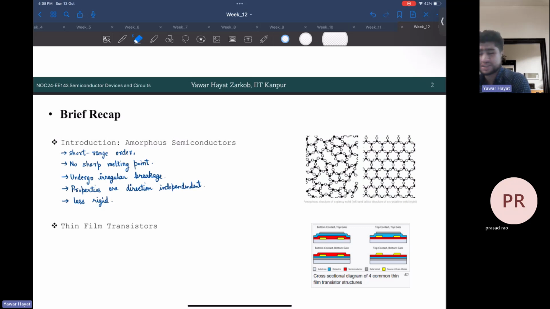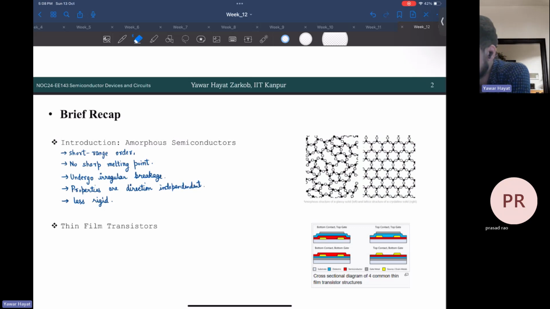A thin film transistor is actually a special type of field effect transistor, where the transistor is made by thin film deposition. There is deposition of thin films of the materials, and your TFTs are grown on a supporting but non-conducting substrate such as glass. I should write it as well.